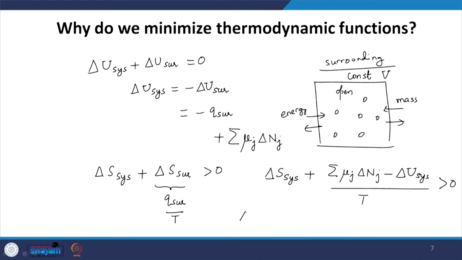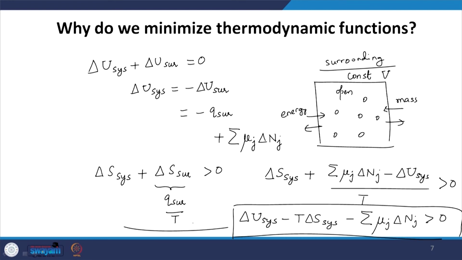So, therefore, we now have the condition delta U system minus T delta S system minus sum over mu j delta n j less than 0, which essentially boils down to saying that U minus T s minus sum over j mu j n j should be minimized.